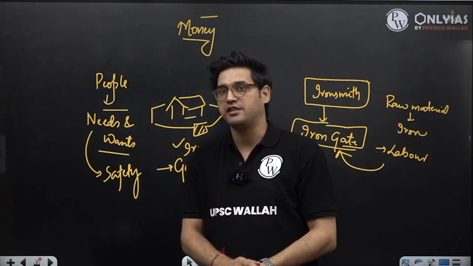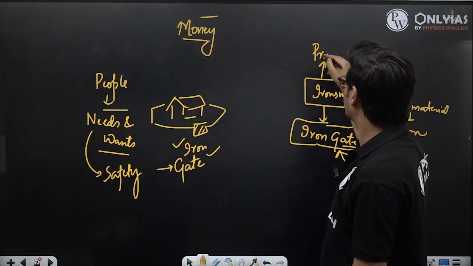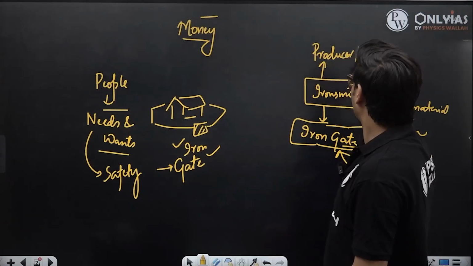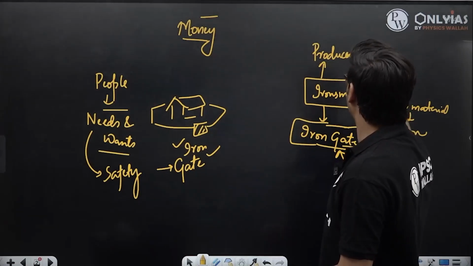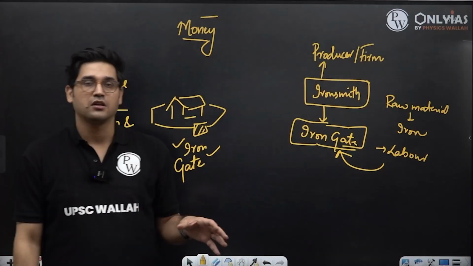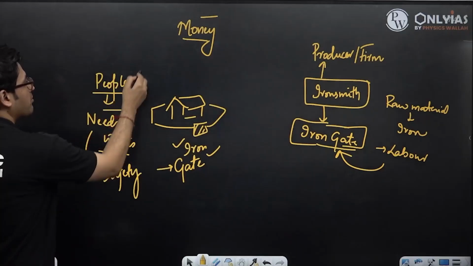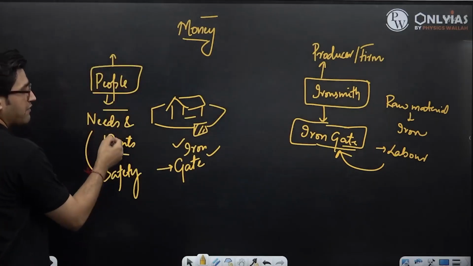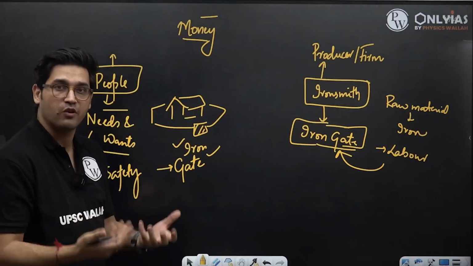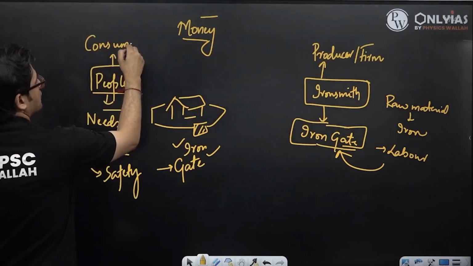One economic agent we are going to call a producer. The more common term for producer is also firms. Producers are one economic agent. The other economic agent, common people who have needs and wants which they want to be fulfilled, we will call them consumers.